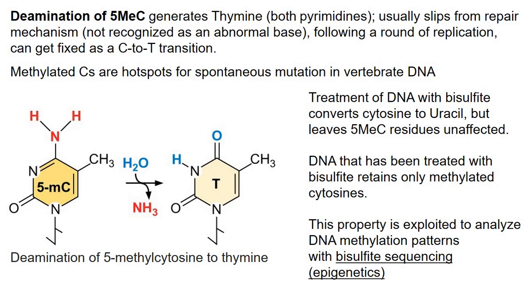The deamination of 5-methylcytosine generates thymine. These are both pyrimidines, cytosine and thymine, so it's usually a slip from a repair mechanism, and following a round of replication it will be fixed. Methylated cytosines are hotspots for spontaneous mutation in vertebrate DNA. We talked about how these methylcytosines are quite common in vertebrate genomes because they make the CpG islands, or CpG sites.